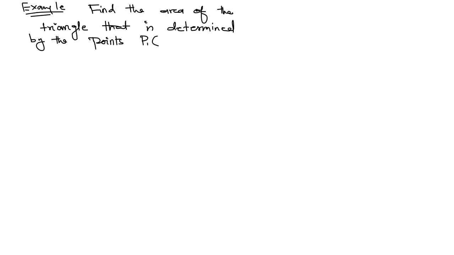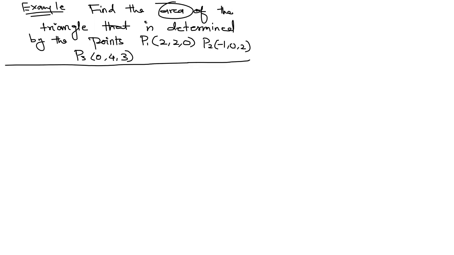P1 is 2, 2, and 0. P2 is equal to -1, 0, and 2. And P3 is equal to 0, 4, and 3. Okay, and you have to find the area of the triangle.